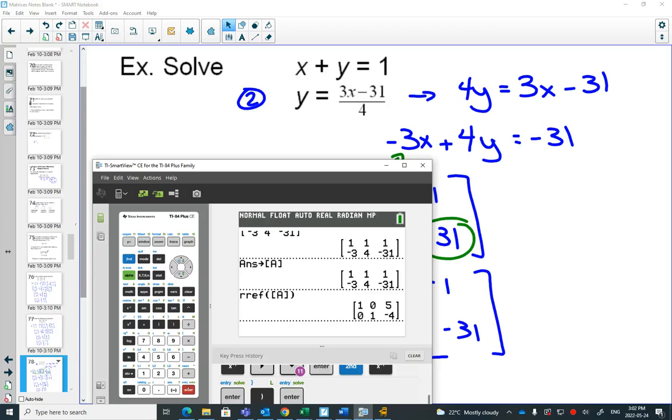With an identity matrix there, and a 5 and a negative 4. So this says 1x plus 0y's is equal to 5, and 0x's plus 1y is equal to negative 4. Which is really nice because that is our solution.